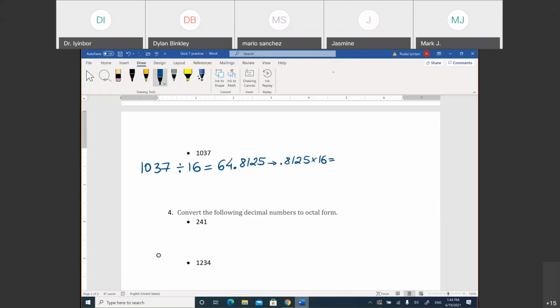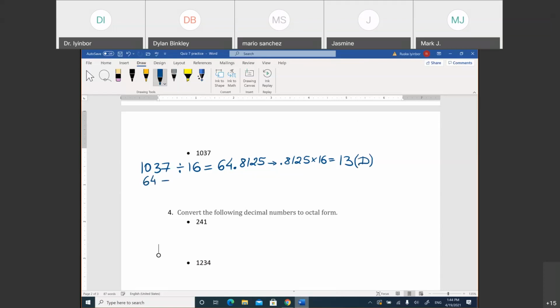And the remainder is 13. Okay? Now, what is the letter for 13? D, right? The D. Yes. And then you're going to start with 64.